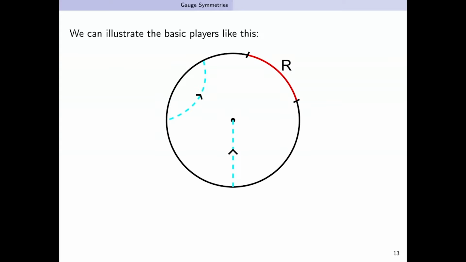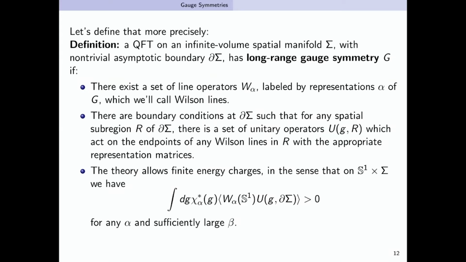Sorry, what are the brackets? The angle brackets? This is the Euclidean path integral. Euclidean path integral on what? It's S1 times sigma. Yeah, Tom. That's going to have a UV divergence. What do you do with that? You normalize it.